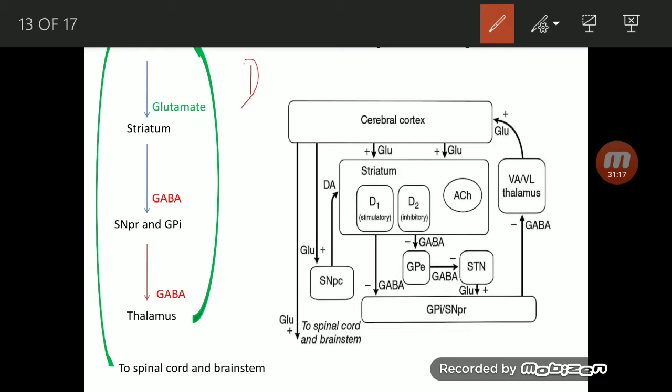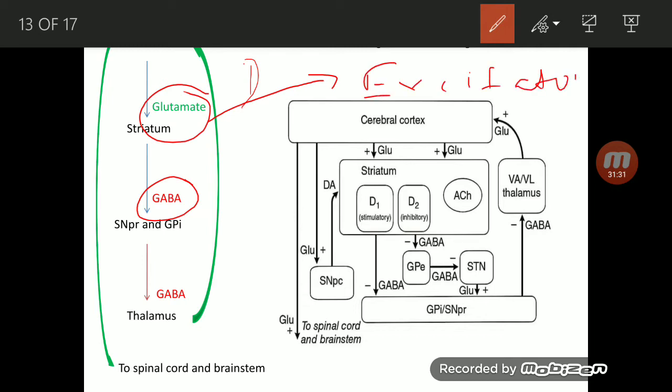First, there are a few neurotransmitters which are very important. There's glutamate and there's GABA. Glutamate is an excitatory neurotransmitter. Whenever we say excitatory neurotransmitter, it means it is positive in nature.